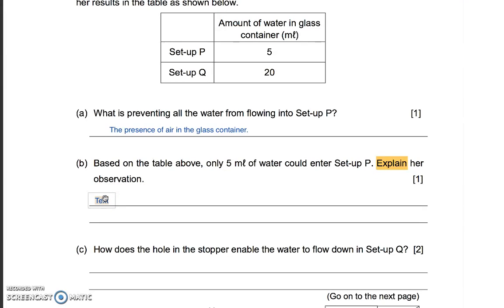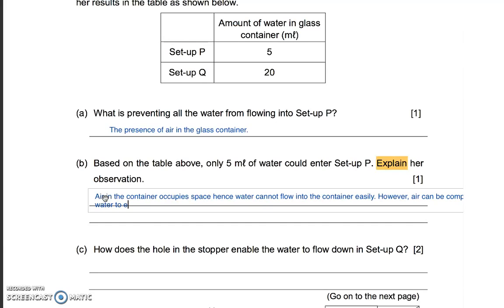Okay, so the answer is the air in the container occupies space, hence water cannot flow into the container easily. However, air can be compressed, allowing some water to enter the glass container.